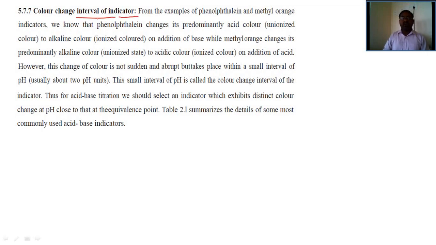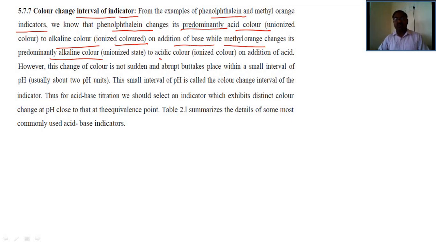Color change interval of indicator. From the examples of phenolphthalein and methyl orange indicators, we know that phenolphthalein changes its predominantly acid color to an alkaline color, that is, its ionized color on the addition of base, while methyl orange changes its predominantly alkaline color to acidic color on addition of acid.